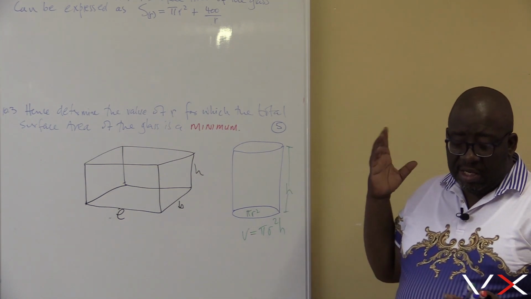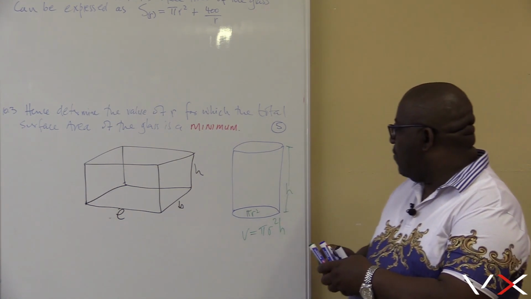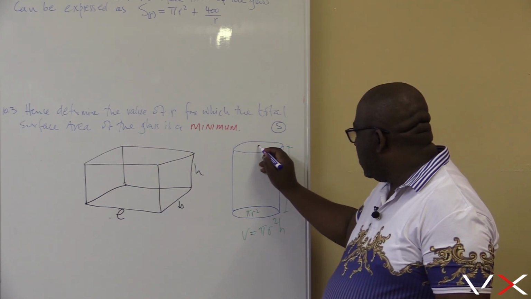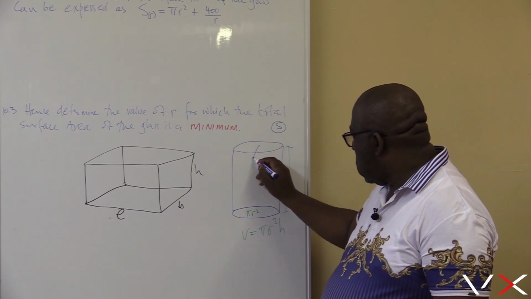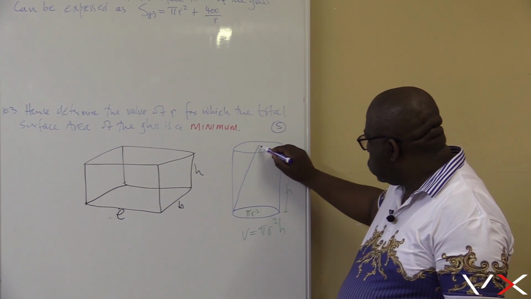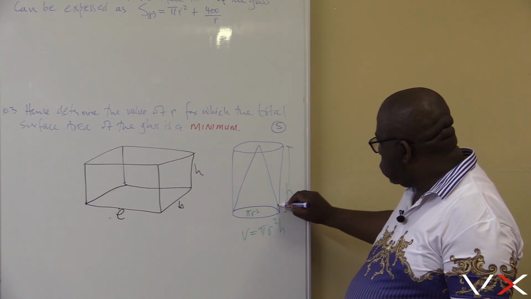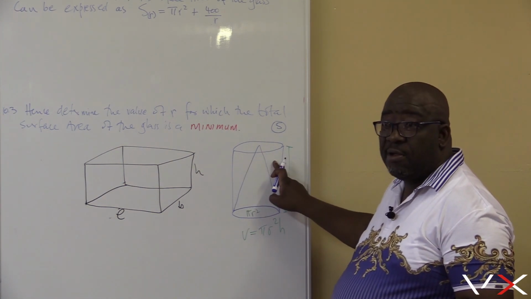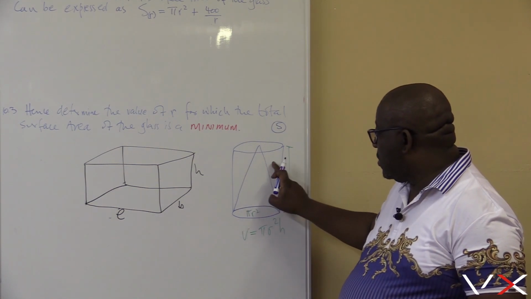If I cut the cylinder, let's do it this way. If I cut it in this way, let me just divide this into 3 parts. These are 3 equal parts.